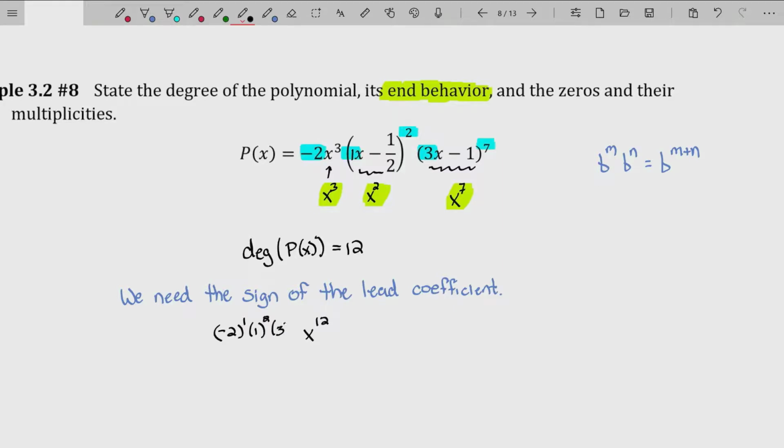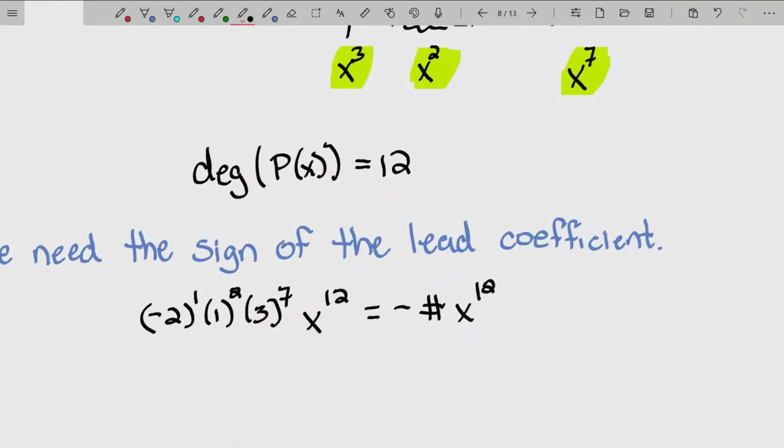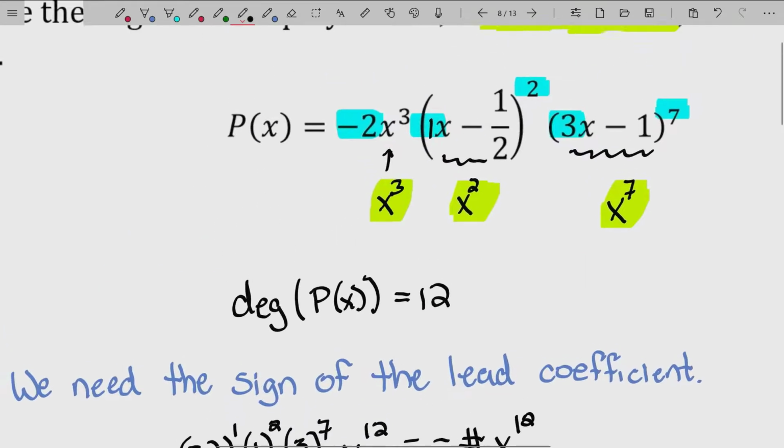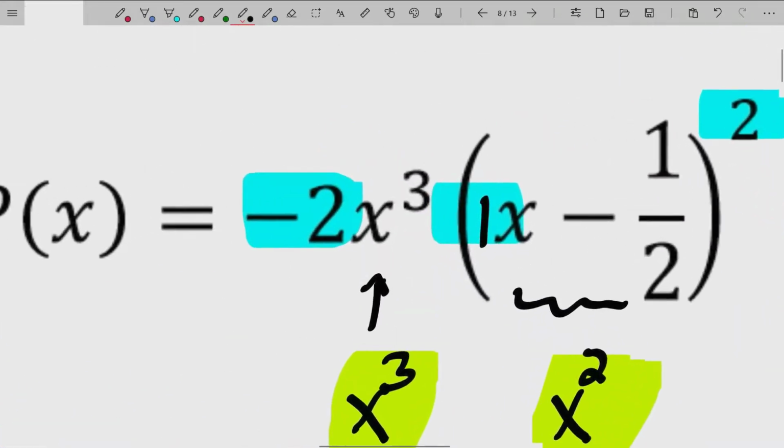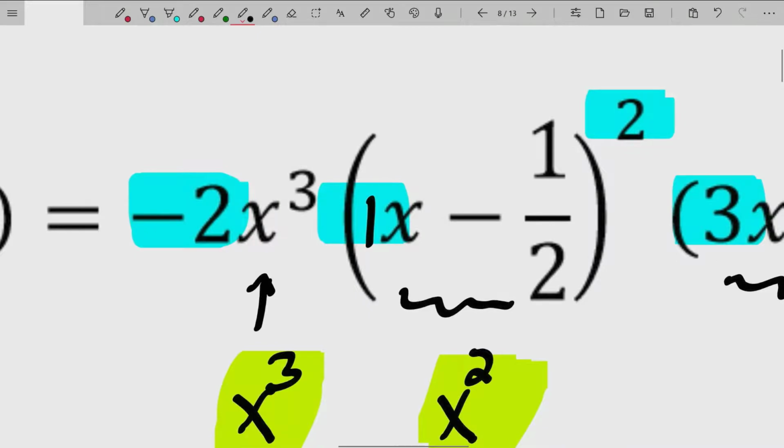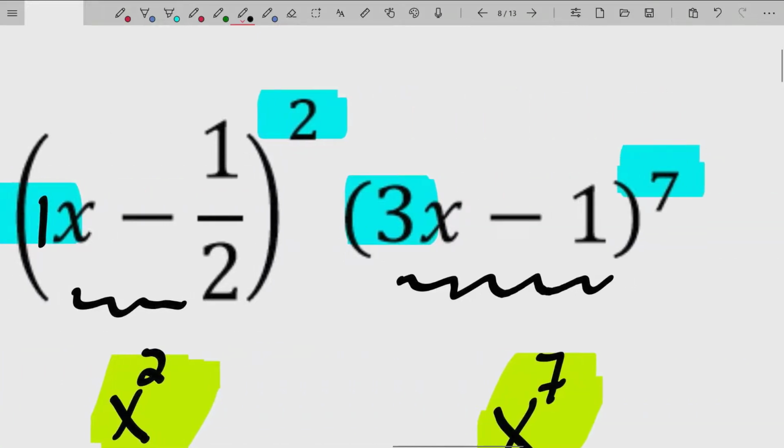And finally, a 3 to the 7th power. Now, you don't want to multiply that out. All you want to know is whether it's positive or negative. And you better believe that is some negative number times x to the 12th. That's all I care about. Is it positive or is it negative? So the sign of the lead coefficient is going to be negative, because you have a -2 times 1 squared times 3 to the 7th.